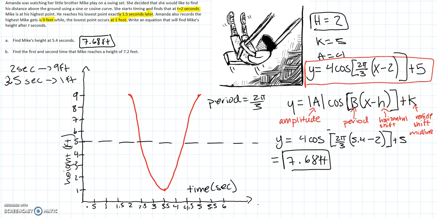In order to find the answer for B, you have to use a calculator where you input the equation, and then input another equation, y equals 7.2, in order to create a horizontal line through the graph at 7.2 feet.